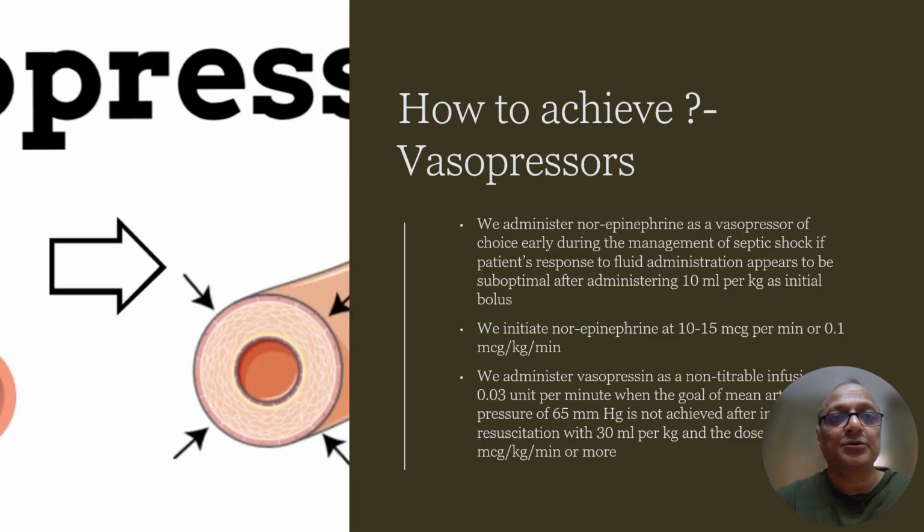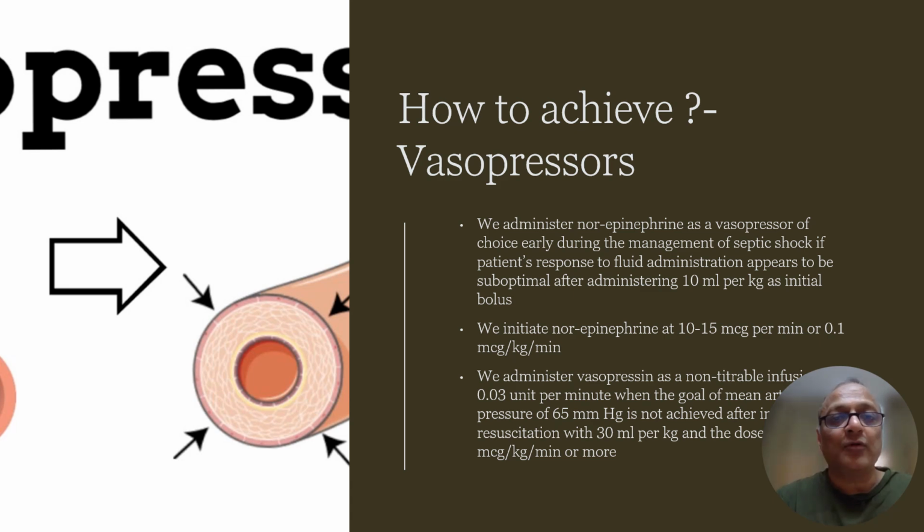If the patient's response to fluid administration appears to be suboptimal after administering 10 ml per kg as initial bolus and the patient continues to remain hypotensive, we administer norepinephrine as the vasopressor of choice, as per guideline, early during the management of septic shock. We initiate norepinephrine at 10 to 15 microgram per minute or 0.1 microgram per kg per minute.